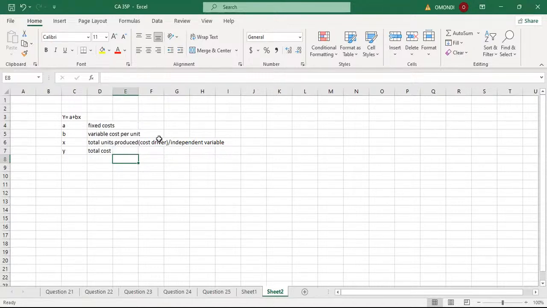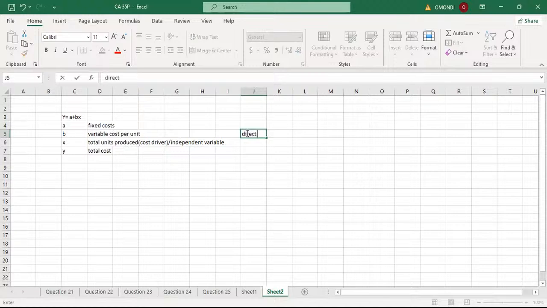Examples of these variable costs, we said, include cost of direct material, direct labor, and any other direct expenses.